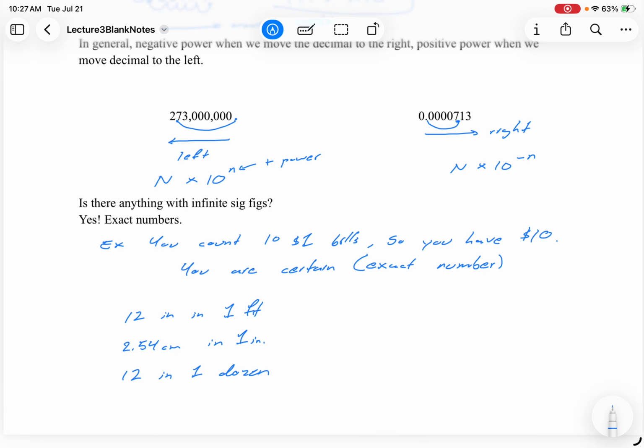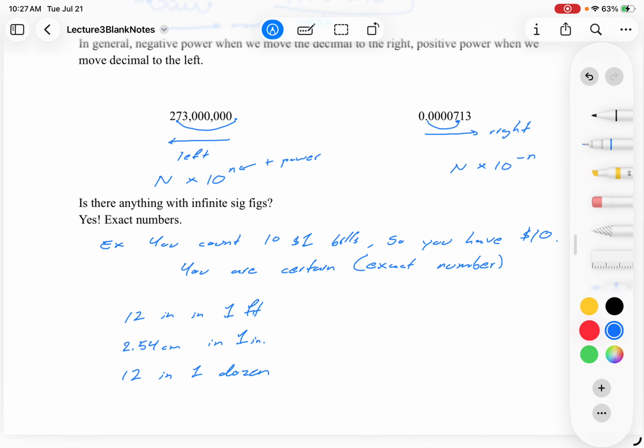So basically, infinite sig figs have no effect on determining sig figs in calculations, which we'll see next lecture when we do calculations with this stuff.